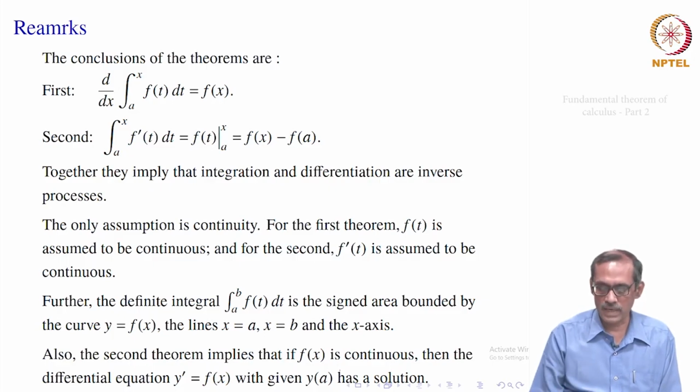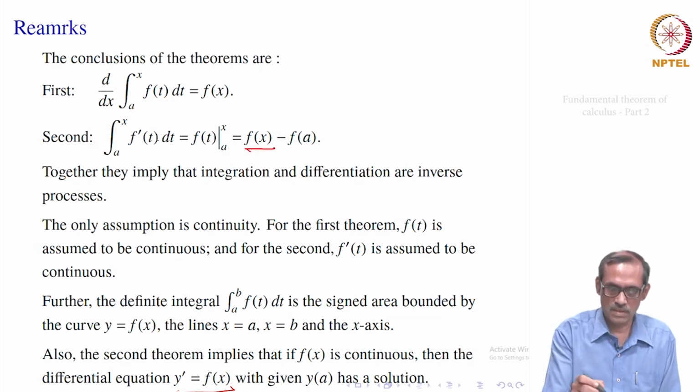The second theorem again implies that if f(x) is continuous, then the differential equation y prime equal to f(x) with given y(a) has a solution. What does that mean? If you start with y prime equal to f(x), you want to find one function y such that its derivative will be f(x).